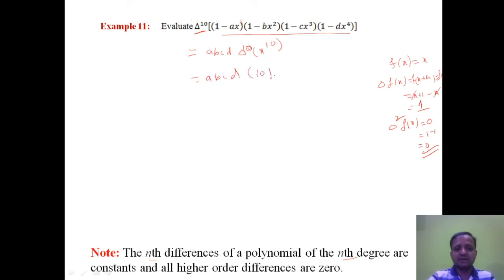It will become 10 factorial only. We know that delta power n of x power n is nothing but n factorial. Using that formula, here the 10th order difference of a 10th degree polynomial is 10 factorial. Okay? Answer is a b c d into 10 factorial.